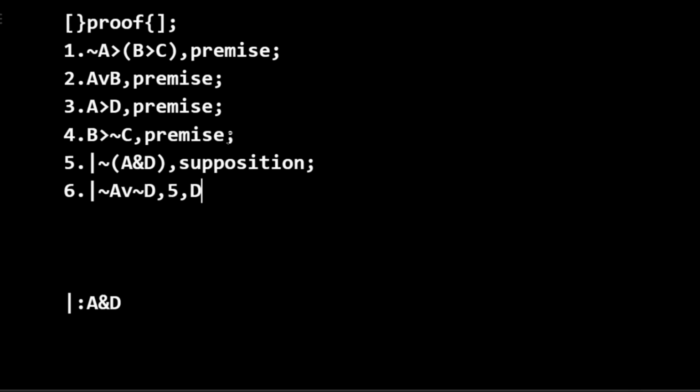So line 5, De Morgan. And we see that not A goes with line 1 and will give us B only if C.